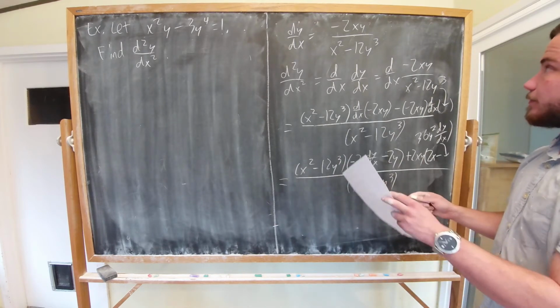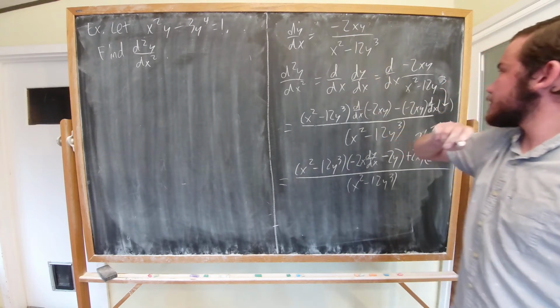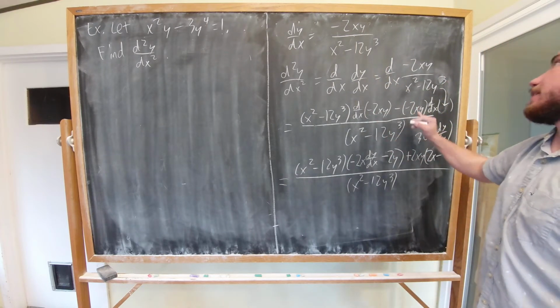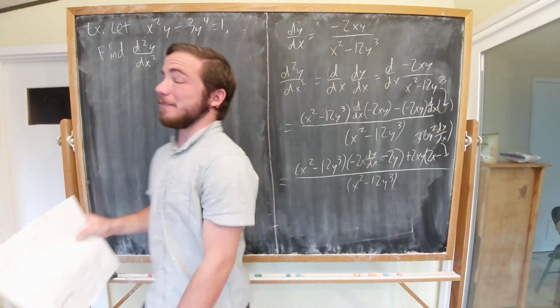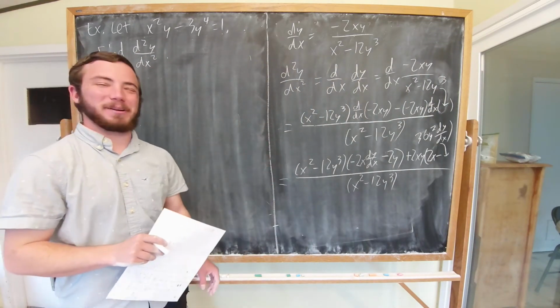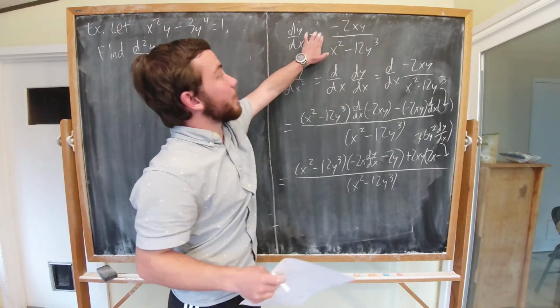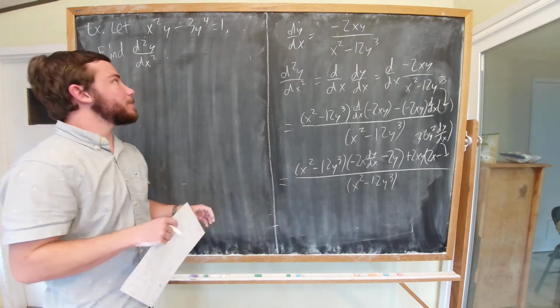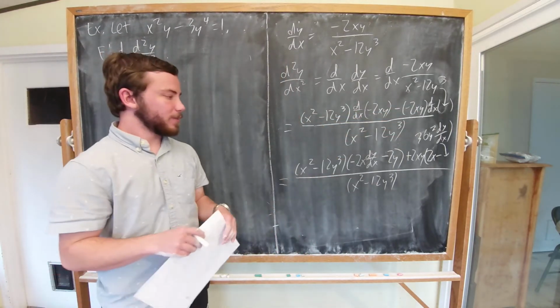Oh, I almost forgot, there's a negative. Oh, I put it in there. Cool. That's why I wrote it slightly differently in my notes. I just put the minus sign down there instead of up top. But we kept track of it here and here, so we're all good.